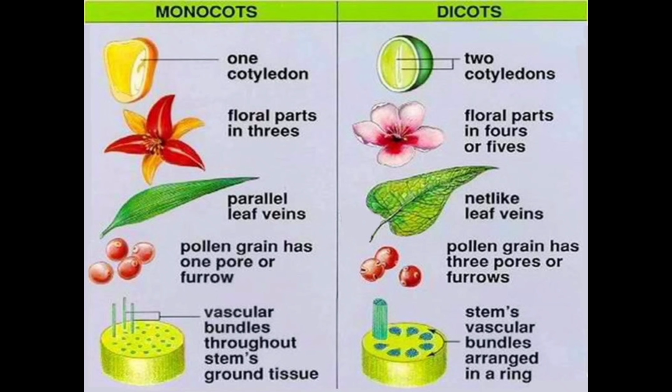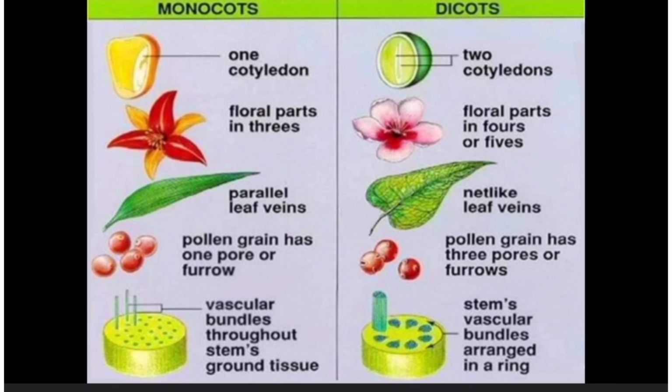Monocots have parallel leaf veins. Dicots have net-like leaf veins. Monocots have pollen grains with one pore or furrow. Dicots have pollen grains with three pores or furrows, and so on.